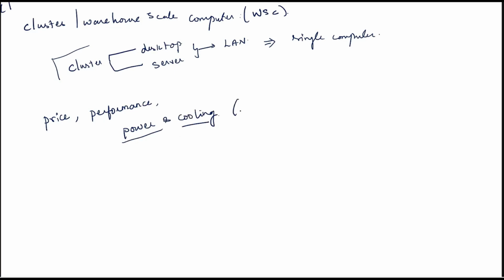In some cases, 80% of the effort is spent on these two things when designing a cluster or warehouse scale computer. Many research efforts are towards this, and the availability should also be handled.